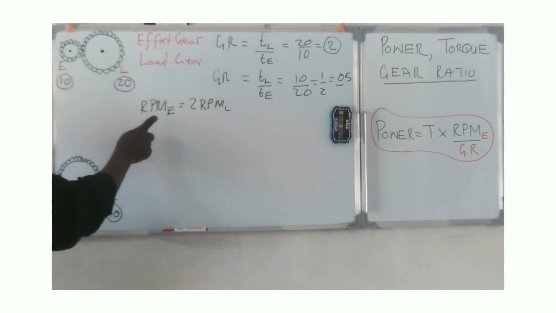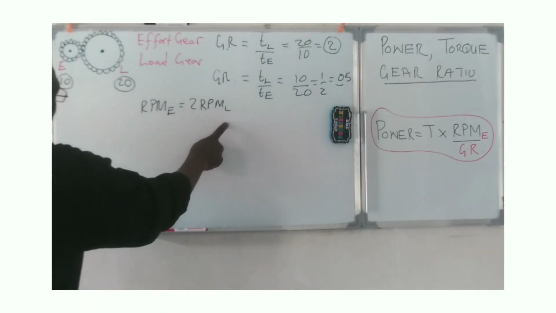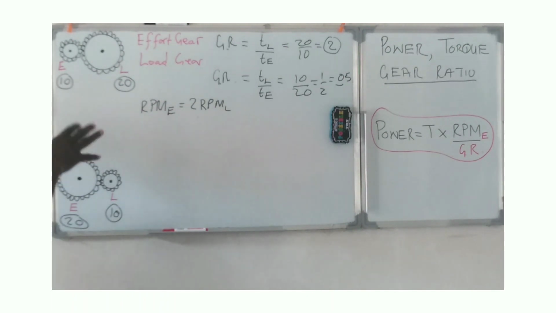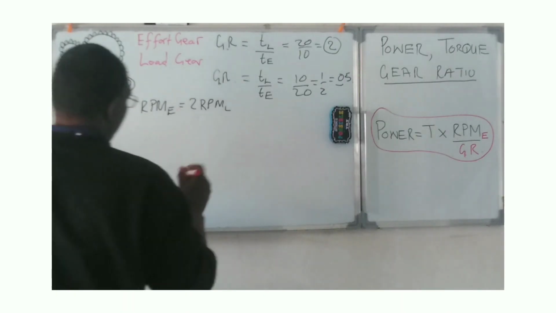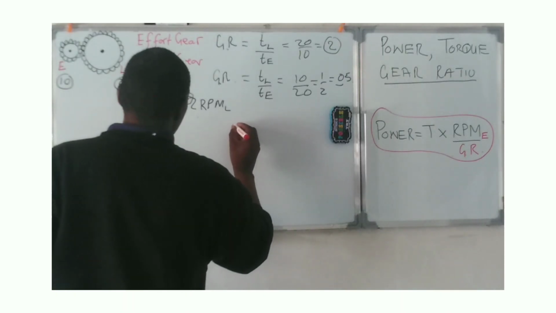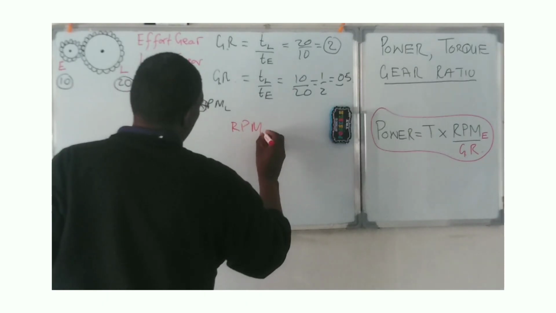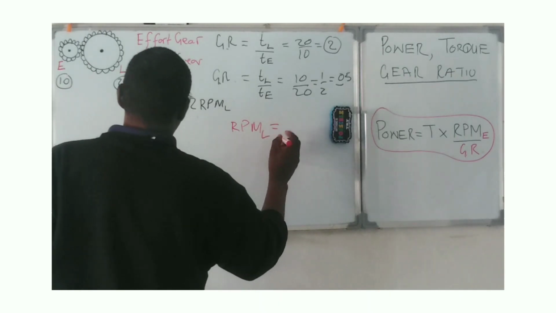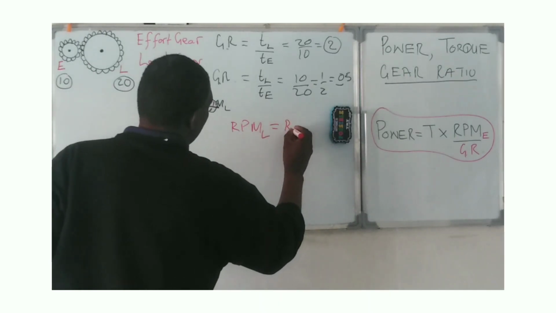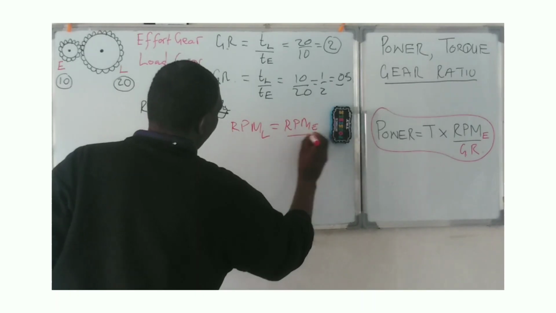So we can say 10 is equal to 2 times 5. That's where we get this formula. So now let's divide right through by 2 and see what happens. When we divide both sides by 2, we finally get RPM L in our load gear is equal to RPM in our effort gear divided by 2.